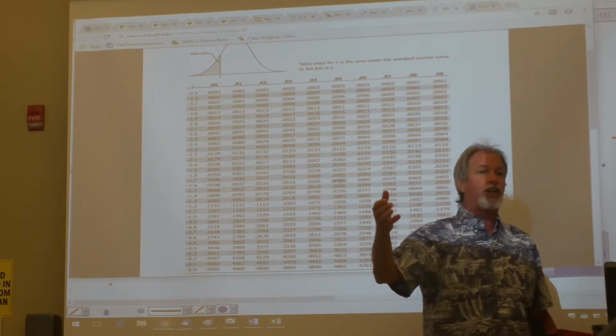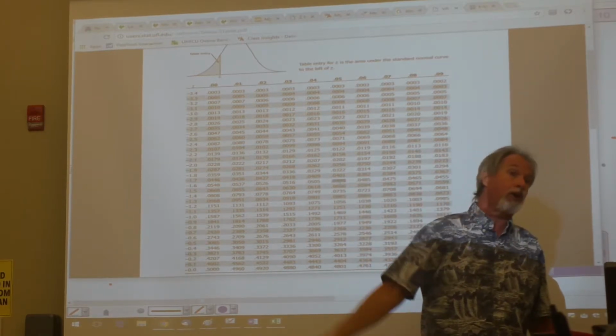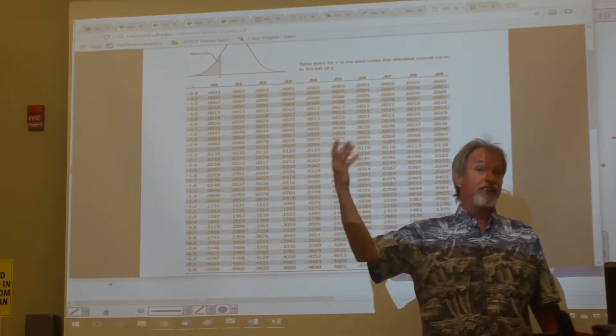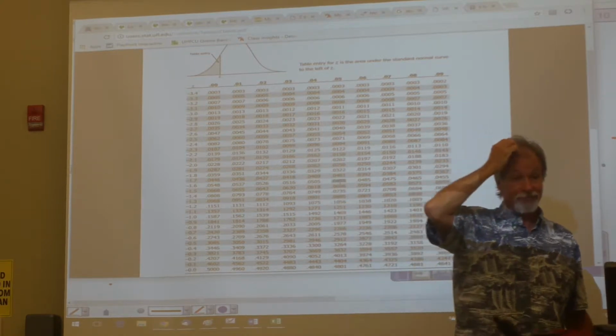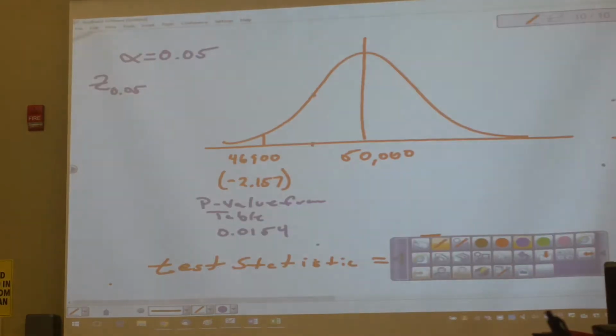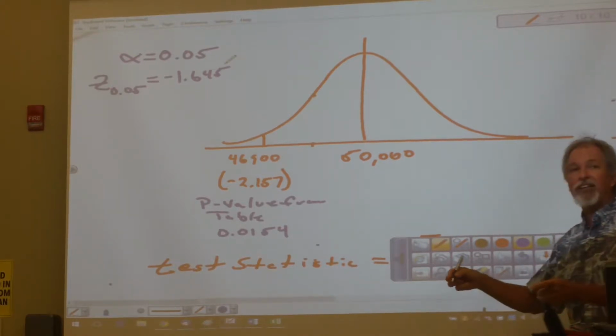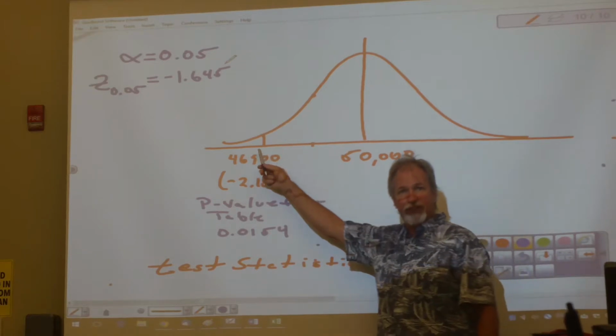To be perfectly honest with you, we use that so often in the z table, I tend to memorize that. So we know that z for that is a negative 1.645 if this is a lower tail test.